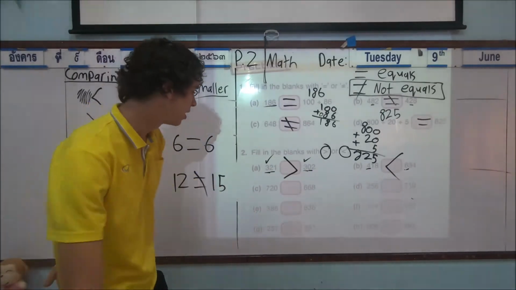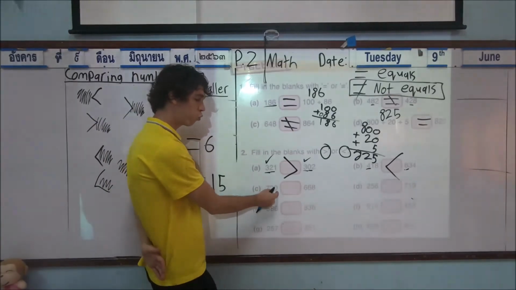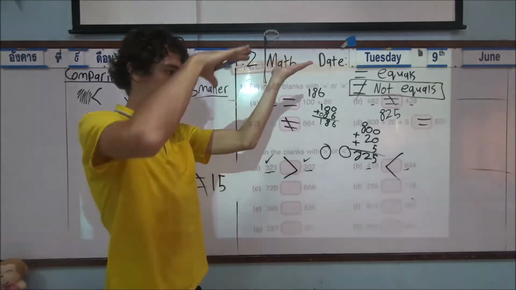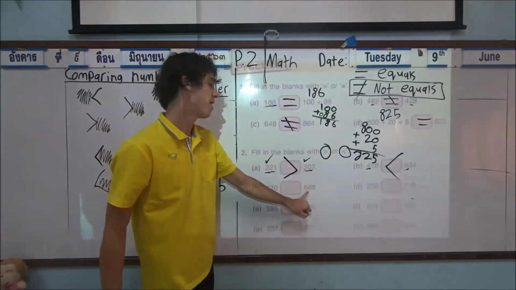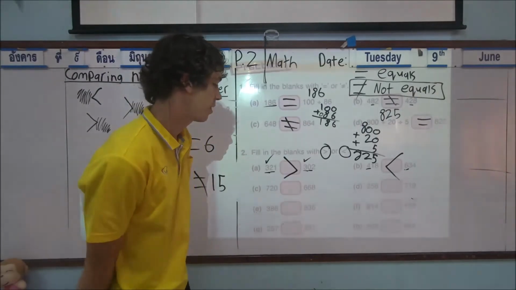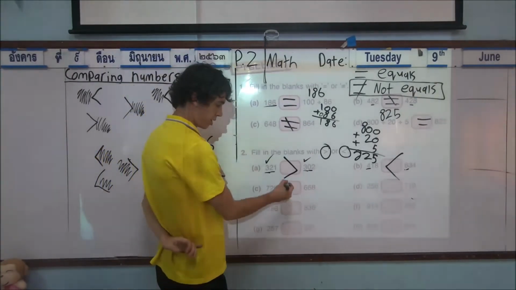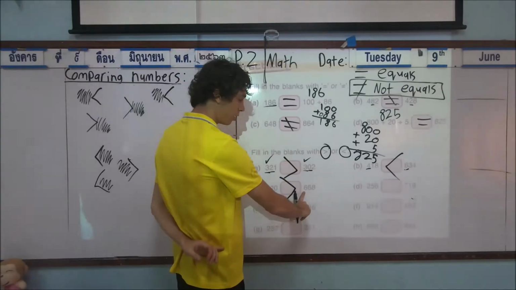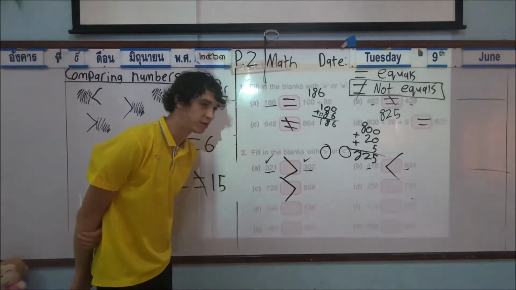Okay, C. 720, is that bigger or smaller than 668? Let's think. I think 720 is bigger than 668.